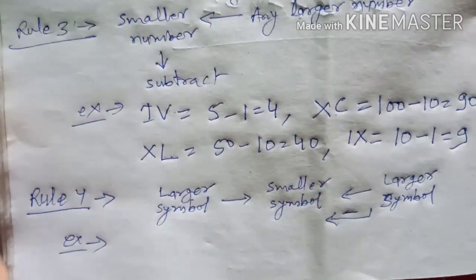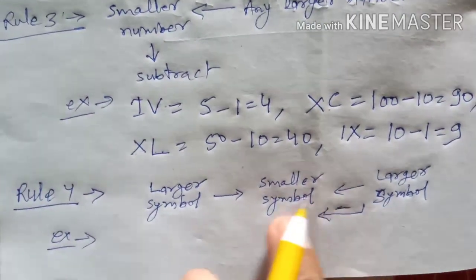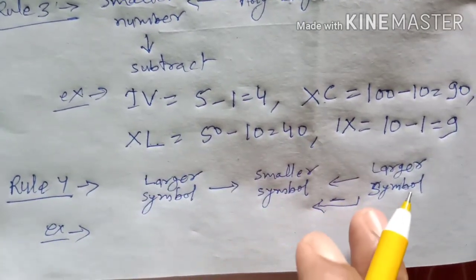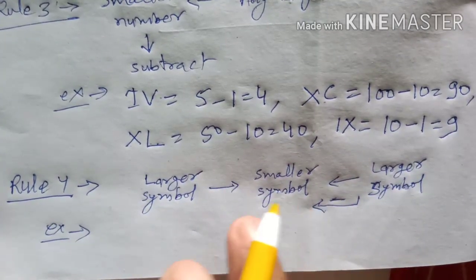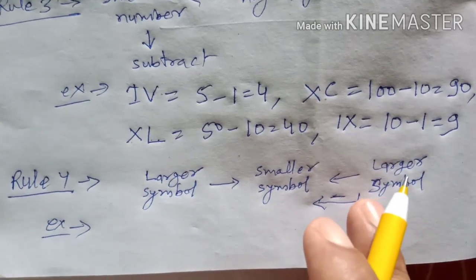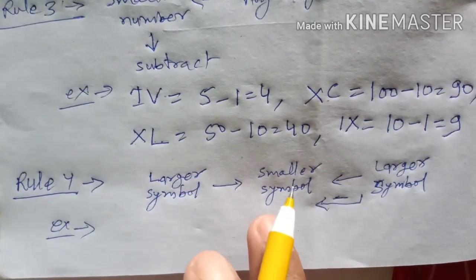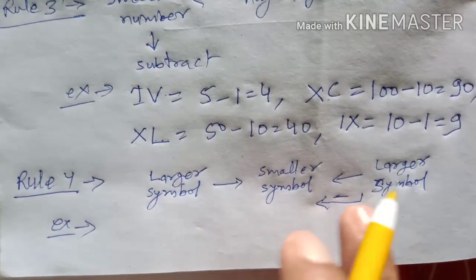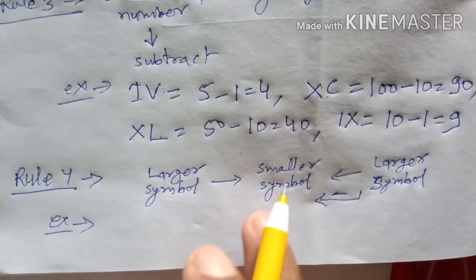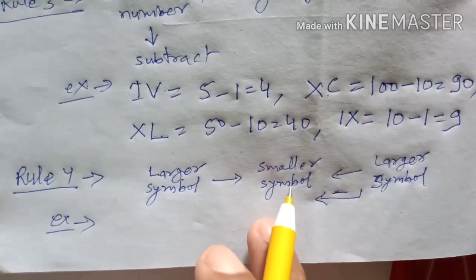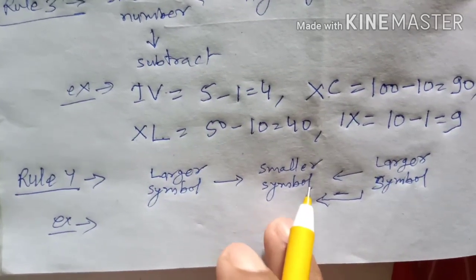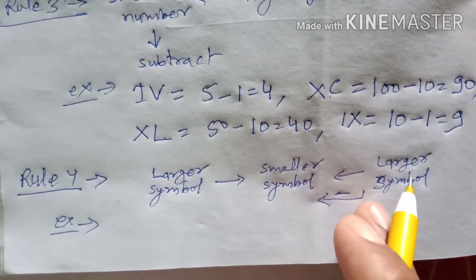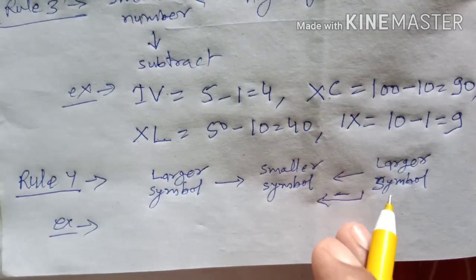See rule number 4. If any smaller symbol lies between two larger symbols, it means that the smaller symbol's number will be subtracted from the right larger symbol.